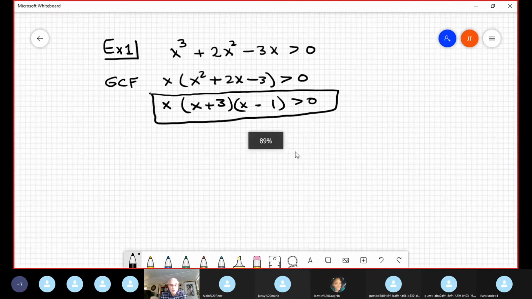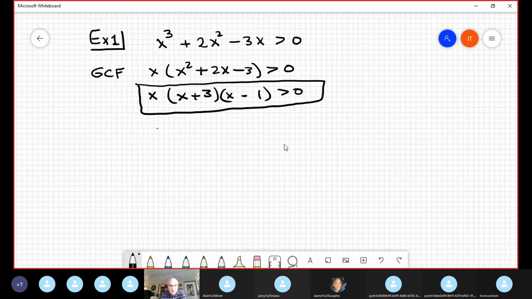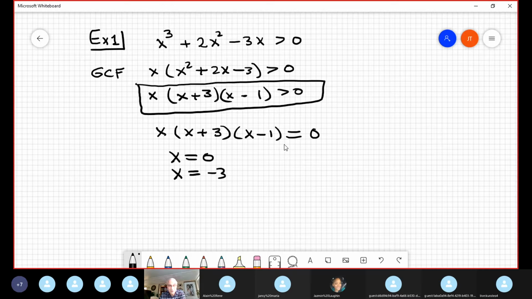Okay, now I immediately convert my problem to an equation because I want to find the critical values. So I make a decision to apply the chain of signs method because we have three factors. I know it's crazy by the classical method. So I solve this: the solutions are 0, -3, and +1.